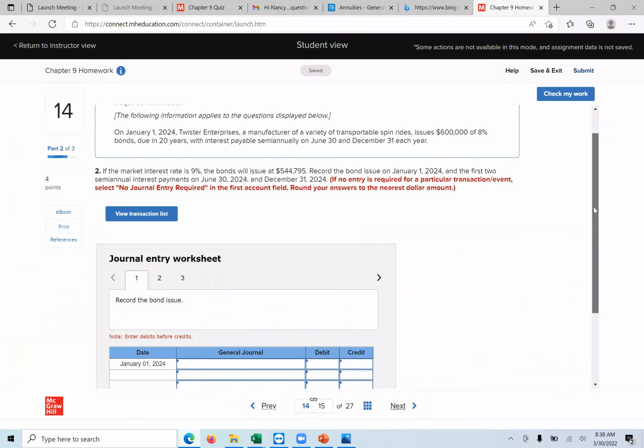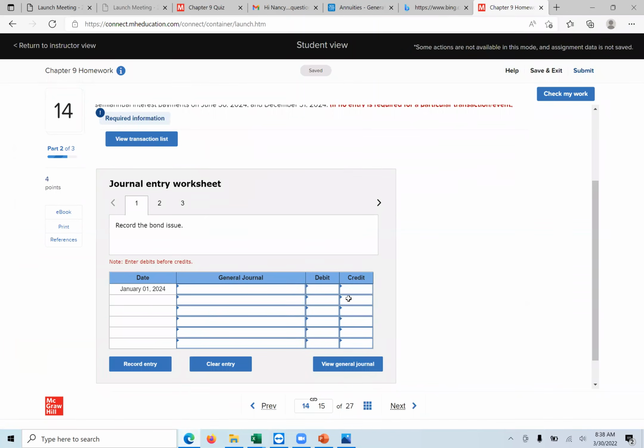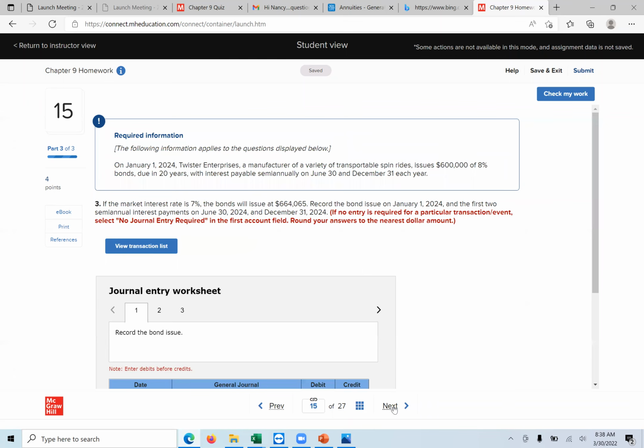Now, the next one is going to be when the bonds are issued for a premium. In this case, it's the same information. The face amount is 600,000. The stated rate is 8%, but the market rate is 7%.